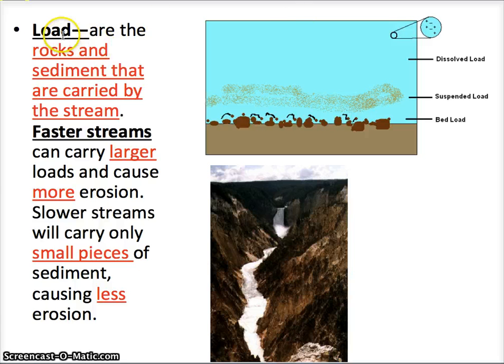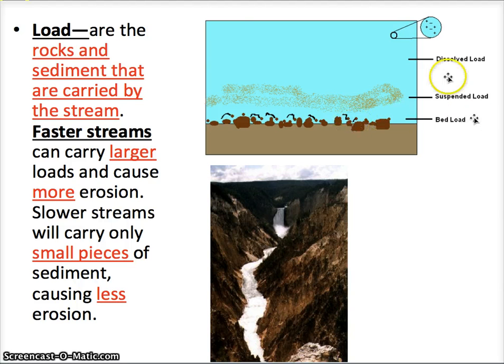Load is the vocabulary word that relates to the rocks and sediment that's carried by the stream. So in every river, there's some particles of rocks and sand and sediment that are being washed away by the force of the river, and that's the load. The faster the river, the faster the stream, the more load it can carry and the more erosion can occur.